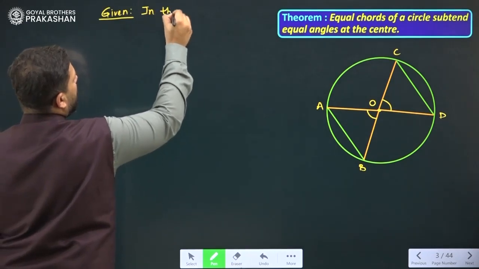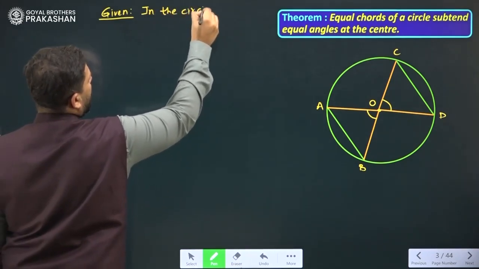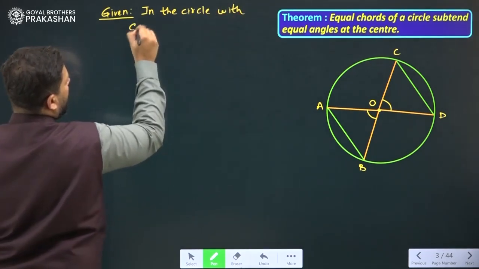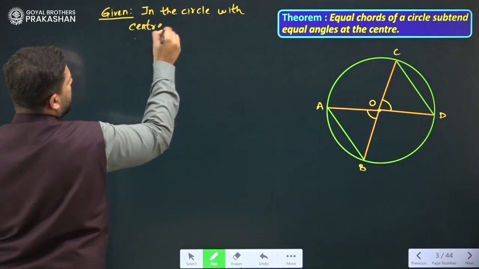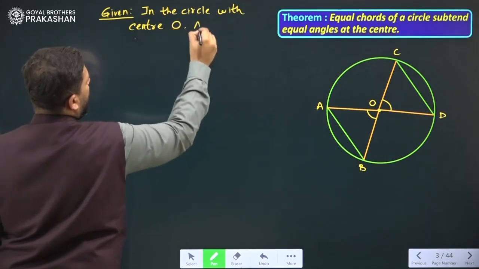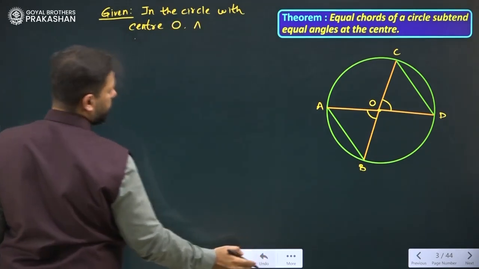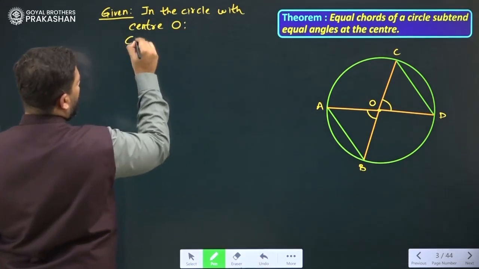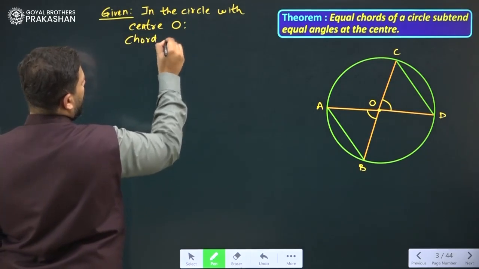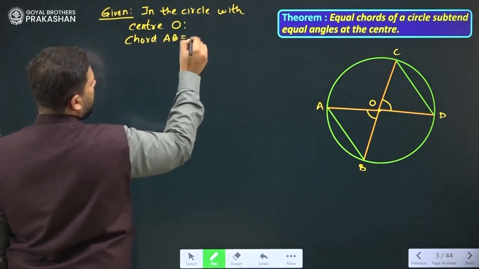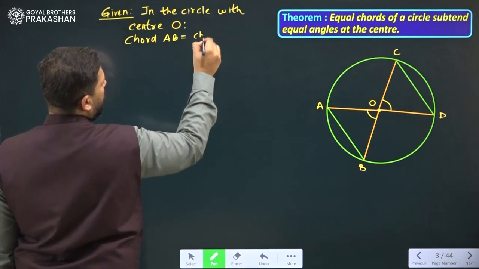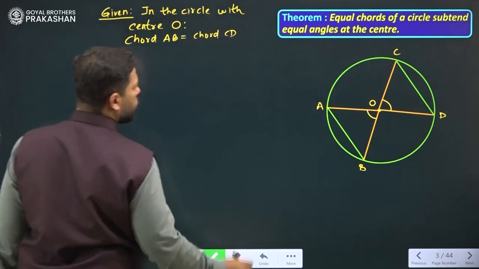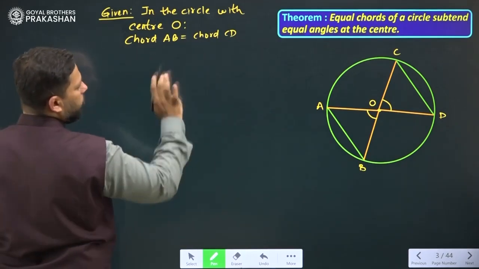In the circle with center O, chord AB is equal to chord CD, right? And also, this is what is given to us.